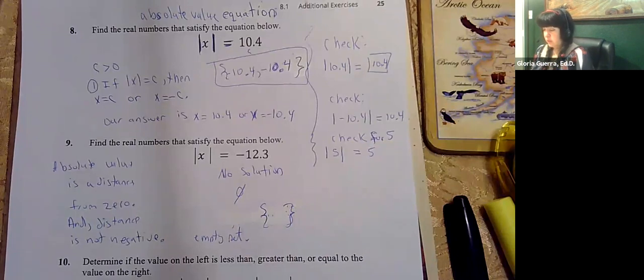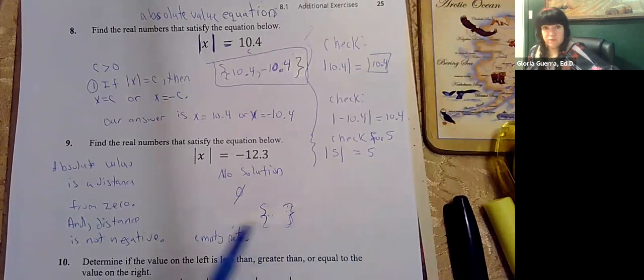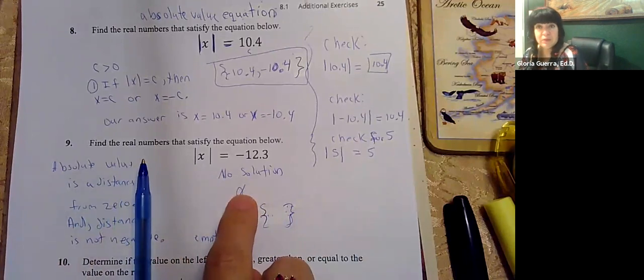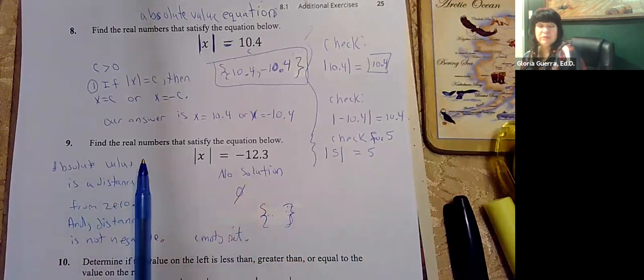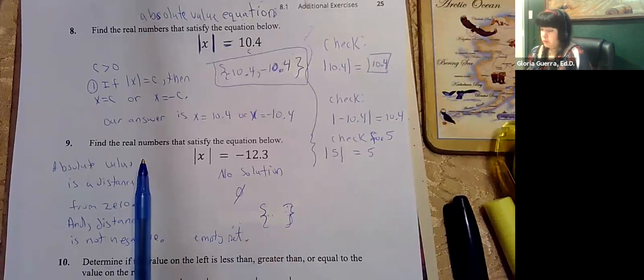Another way to say that is to write a 0 with a slash through it. If you've ever had a math teacher ask you to please not write your zeros like that, it's because it means something else. It means empty set, no solution. Or you could write braces with nothing inside them. And then you have that comment there, empty set.